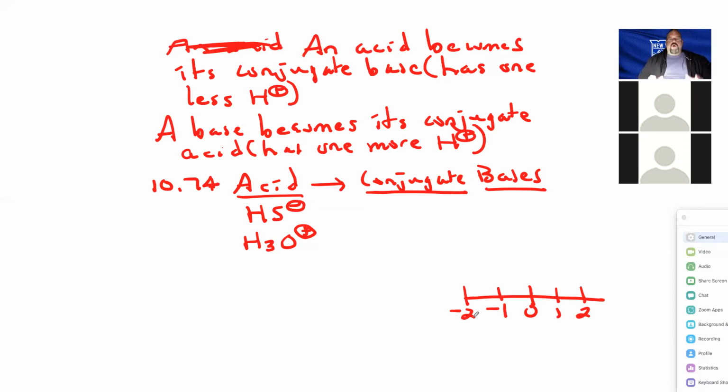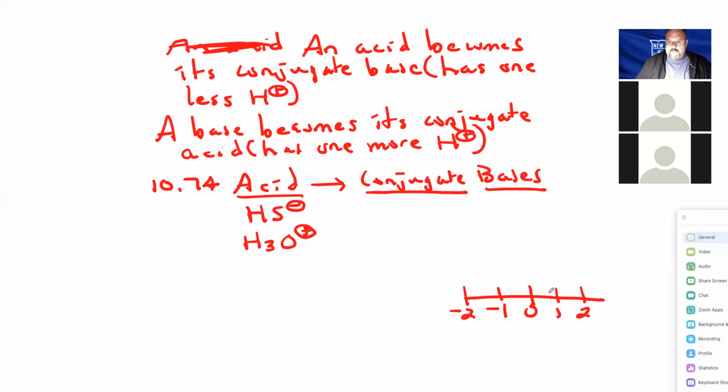If we're taking a plus out of the charge, which direction are we moving on the number line? It's going to be going this way. The charge is going to be getting one smaller, so to speak.